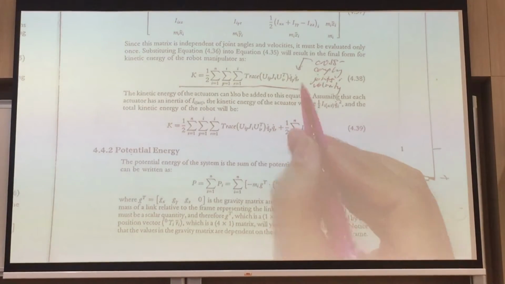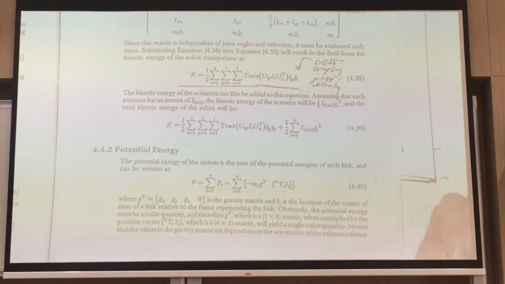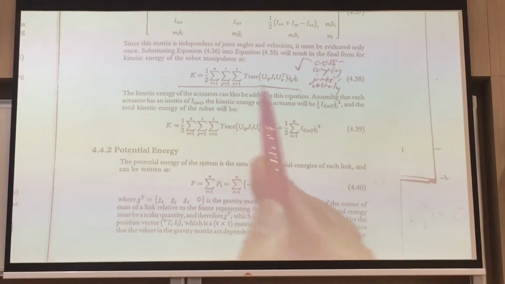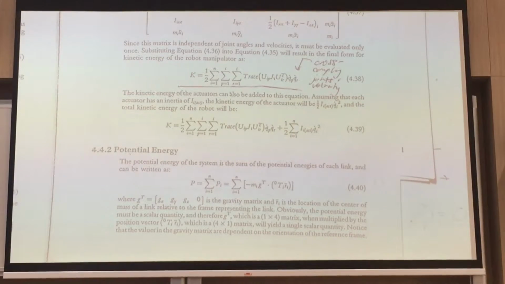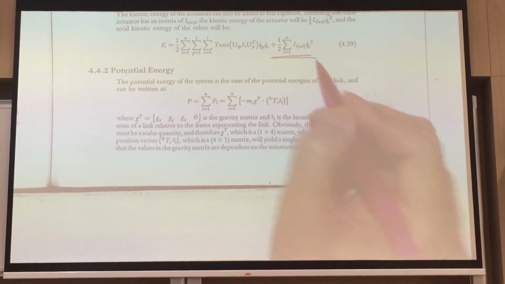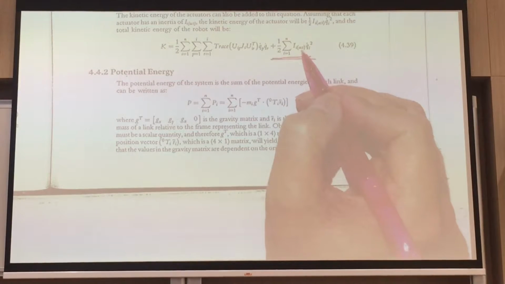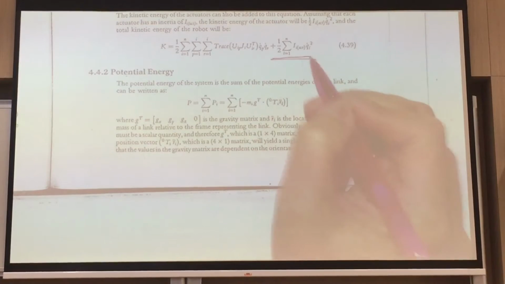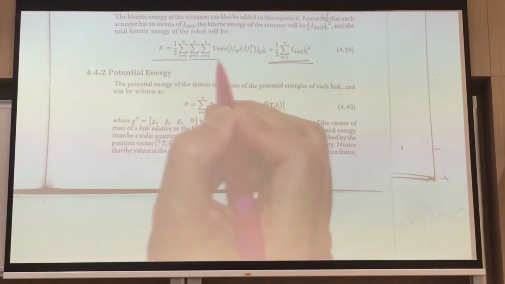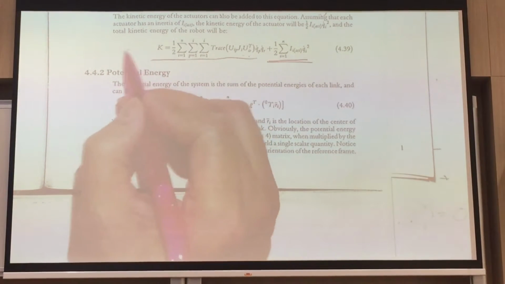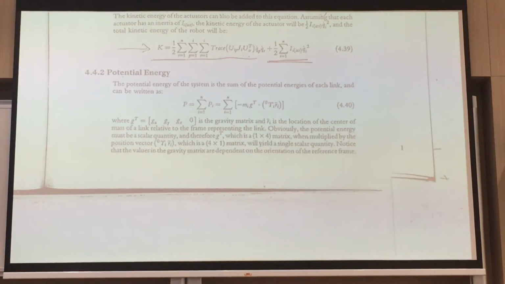Joint number 1, joint number 2. So the format is similar to what we have seen in the 2 degree of freedom robot. If you want to take into account the actuator kinetic energy, the ACT stands for the actuator, you use the same formula and add to the previous equation. So this will be the final equation for kinetic energy.